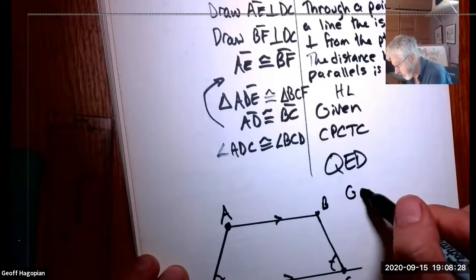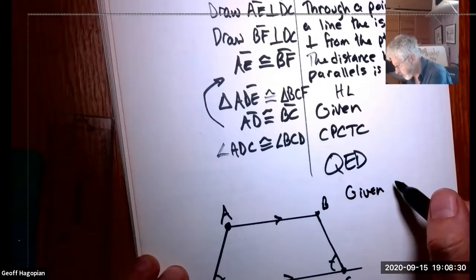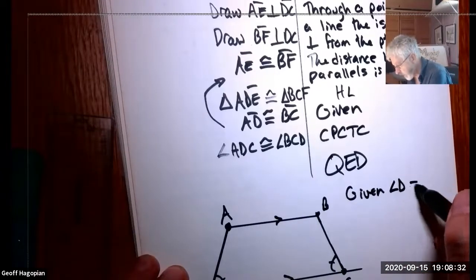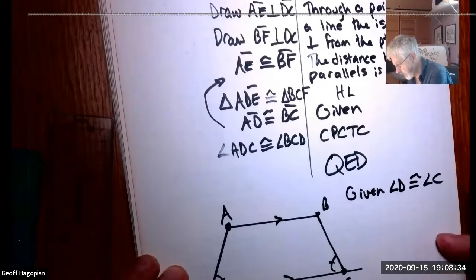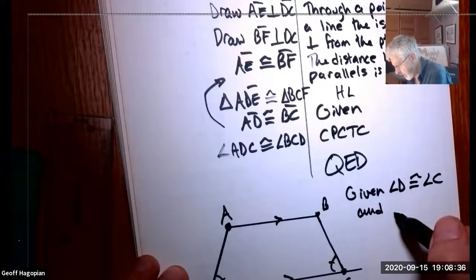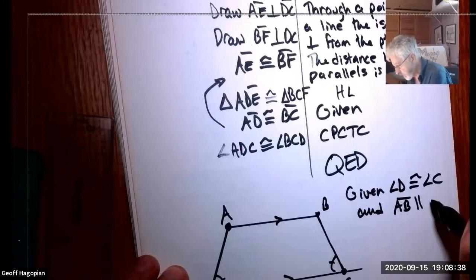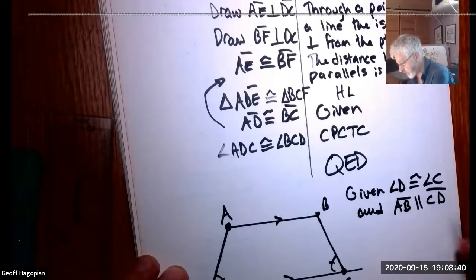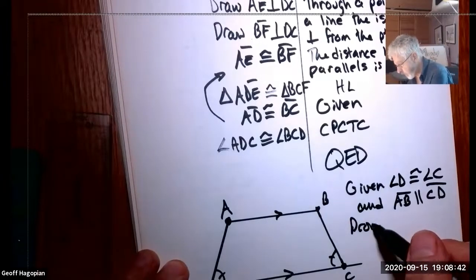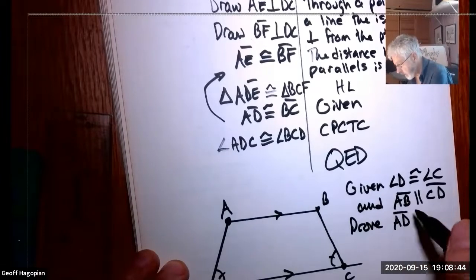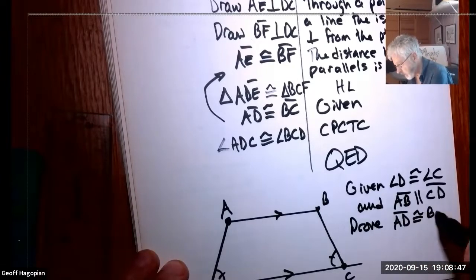So we're given that angle D is congruent to angle C, and AB is parallel to CD, right? We want to prove that AD is congruent to BC.